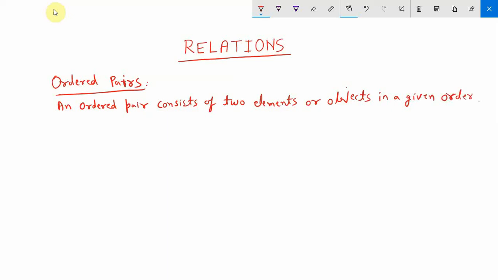Okay, so if A and B are any two sets, then by an ordered pair of elements we mean a pair.